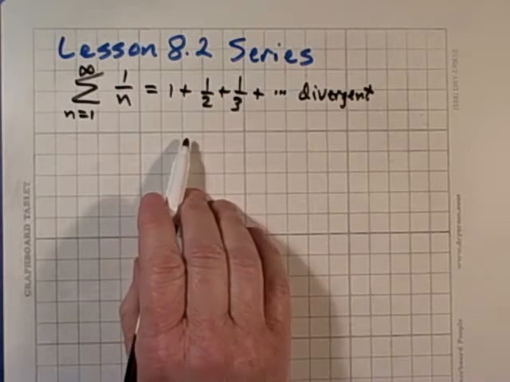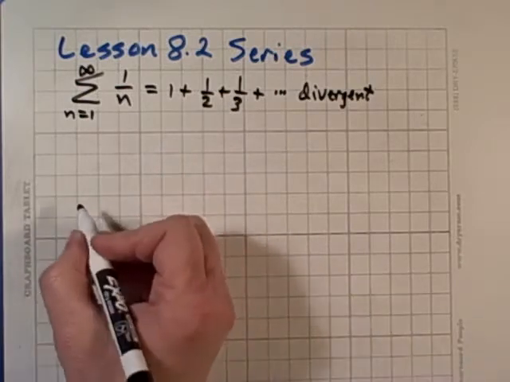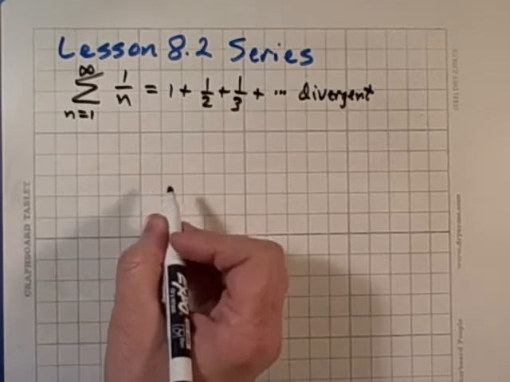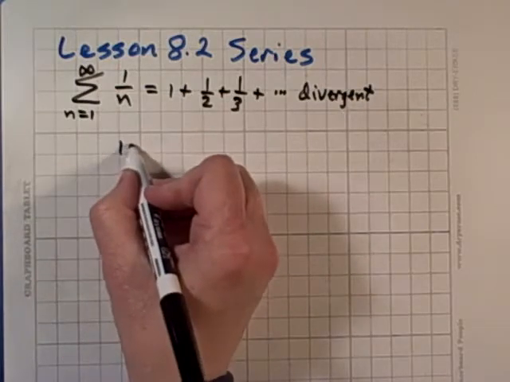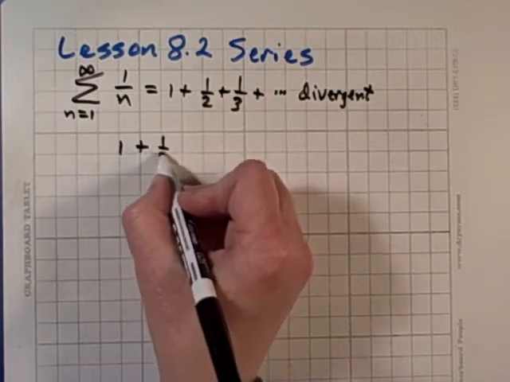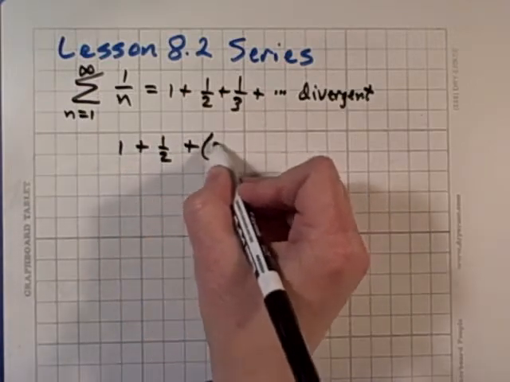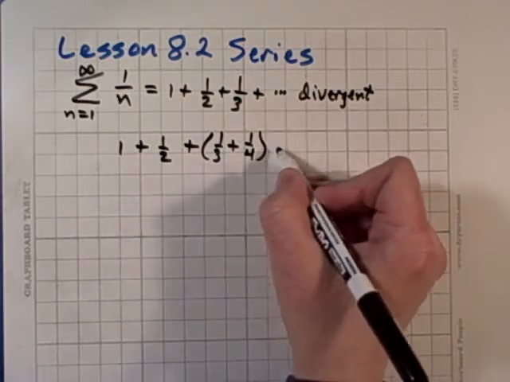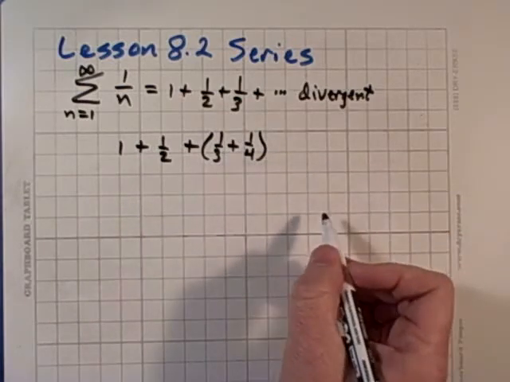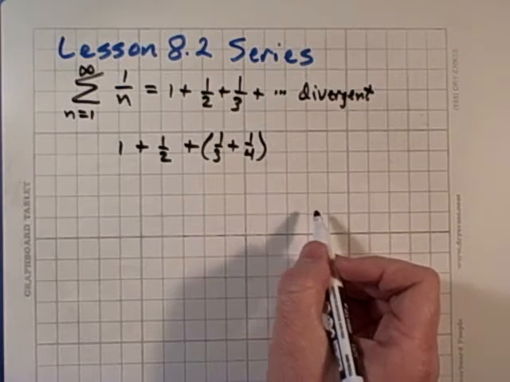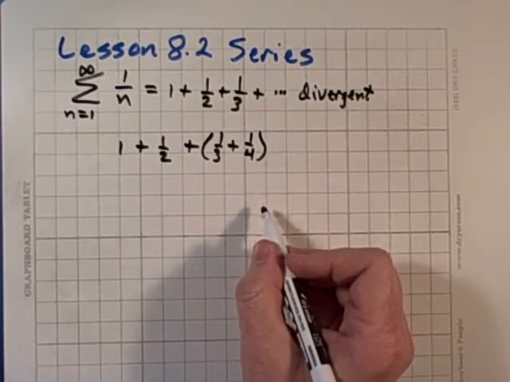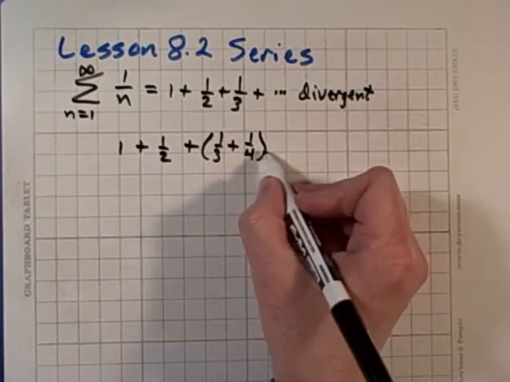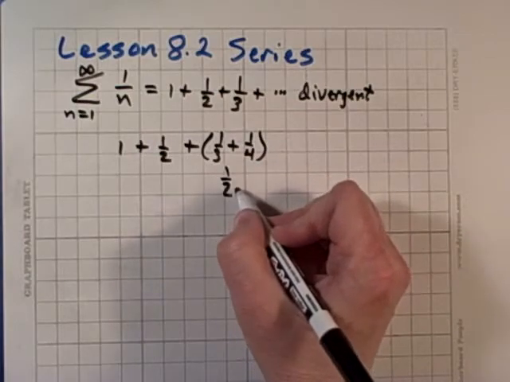If you look at the textbook, you'll recognize that what they've done is they've grouped terms. So they grouped 1, 1/2. Actually, the first pair grouped are 1/3 and 1/4. And then the next group that's paired adds up to values that are bigger than 1 plus 1/2. This is bigger than 1/2.